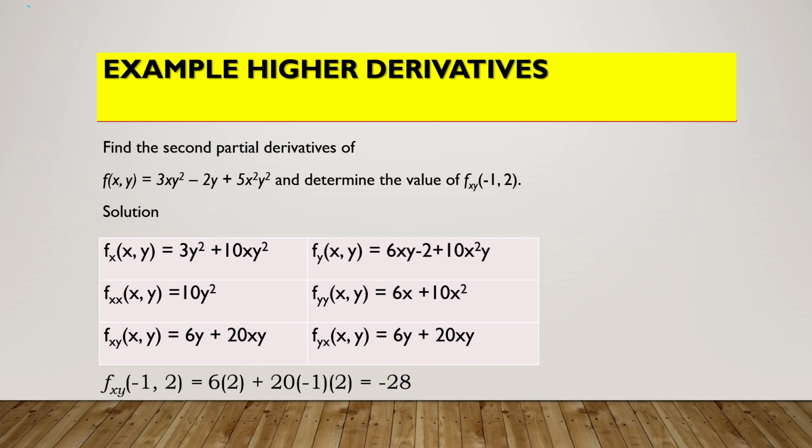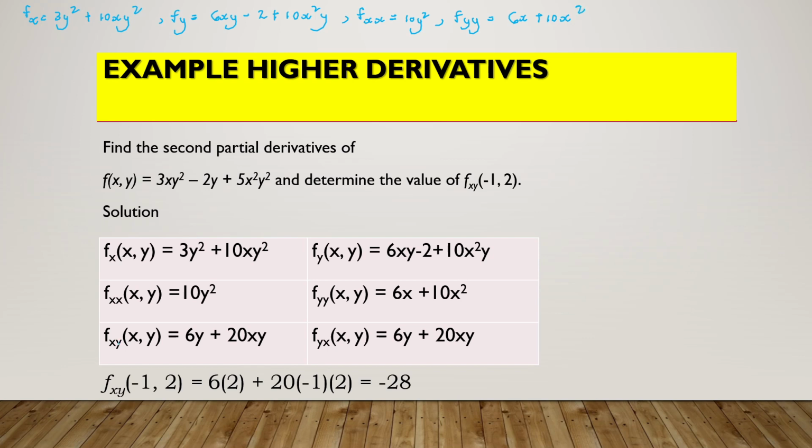Just now you have the fx, 3y squared plus 10xy squared. Then the fy is 6xy minus 2 plus 10x squared y, and then we already solved fxx, which is 10y squared, and then we already solved fyy, which is 6x plus 10x squared.